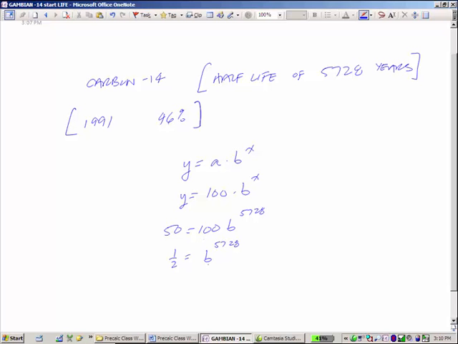As a matter of fact, we need to take the 5,728th root of 0.5, and b is going to be about 0.9998789. How many nines? Three nines and 8789. And it is really, really important: you can't round this to 0.999.